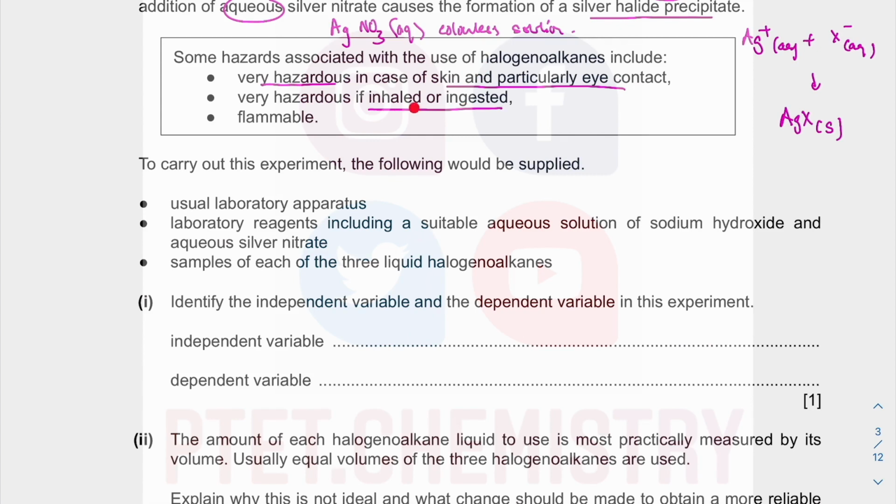But in terms of inhalation, you might breathe it in, so you might want to consider doing it in a fume cupboard because a fume cupboard has a ventilation that sucks up all the volatile stuff that's toxic. And last thing, flammable means it catches on fire, so keep those chemicals away from naked flame or naked fire, yeah?